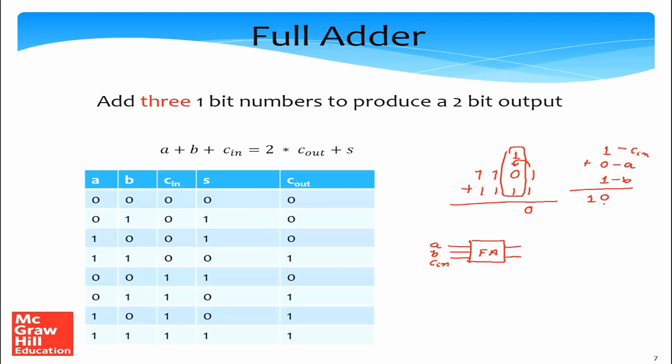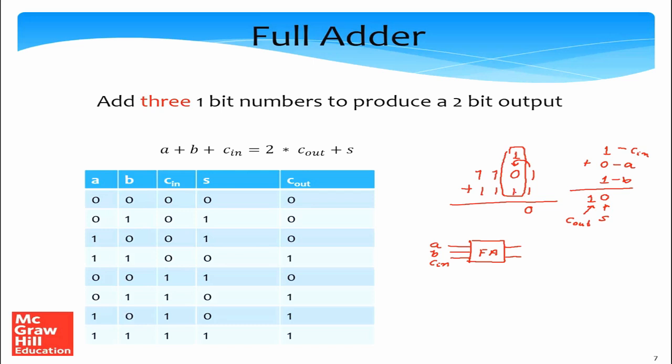Then what will be the output? The output will be a sum, the sum S, and we'll have a carry as an output, and to differentiate that from carry in, let's call it carry out. So there are 3 bits coming into a full adder, which are A, B, and carry in.